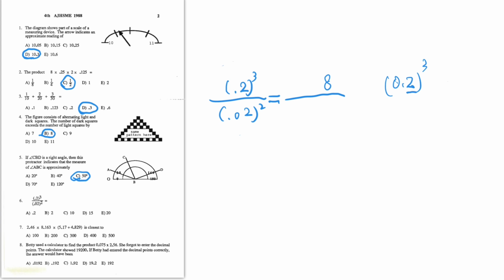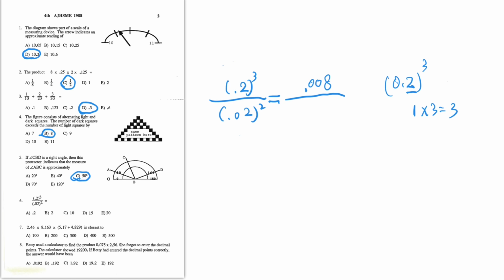The original number has 1 digit to the right of the decimal point, so we use 1 times 3, that's 3. That means the total has 3 digits to the right of the decimal point. So we have the 8, add 2 more zeros, 1, 2, 3, put the decimal point. So that's 0.008.